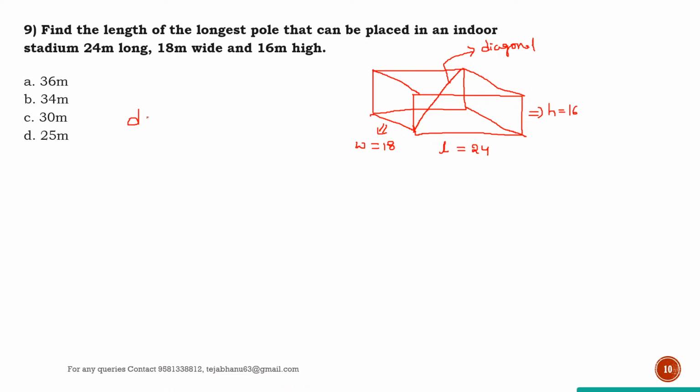Now have a look. D square is equal to L square plus H square plus B square. So diagonal is equal to the square root of L square plus H square plus B square.